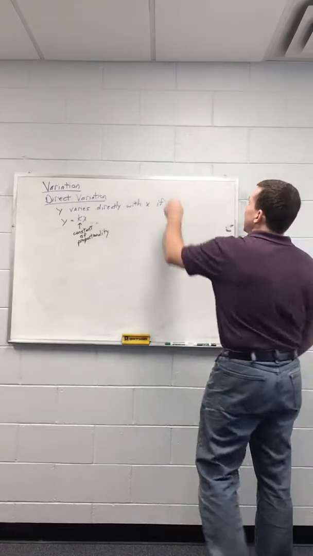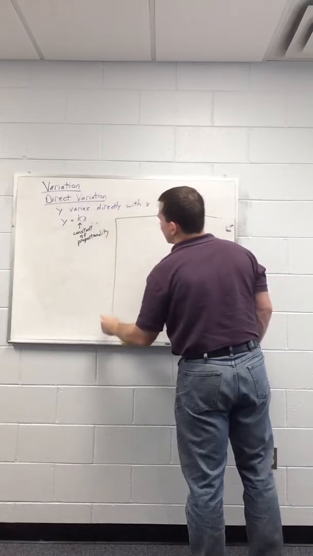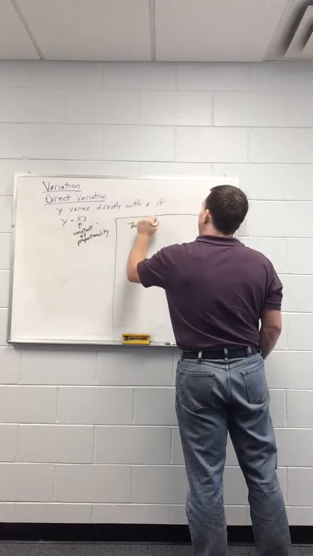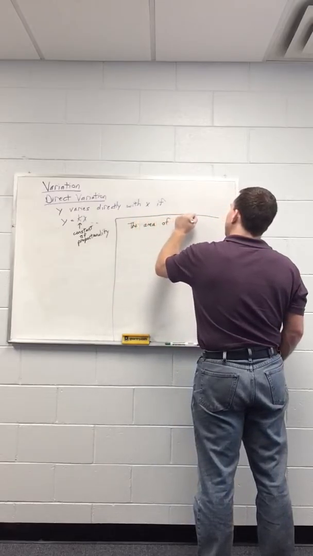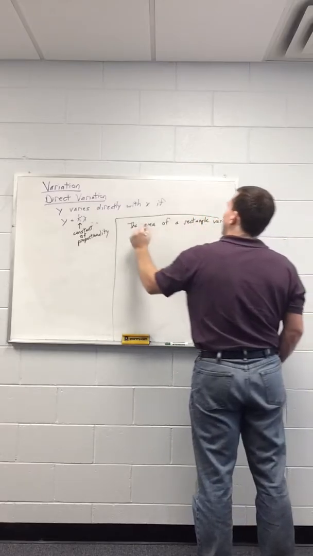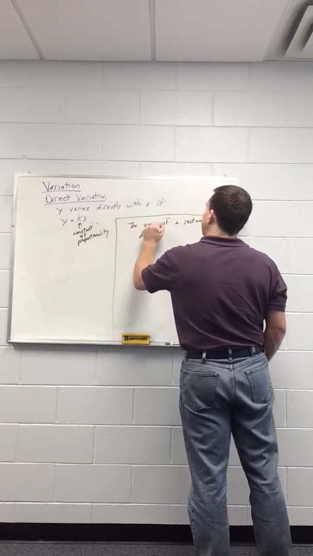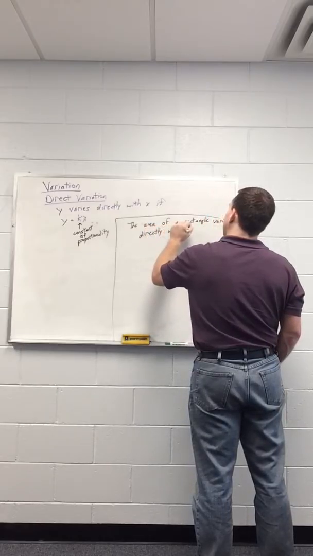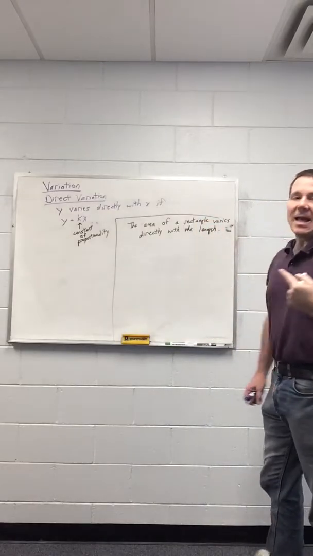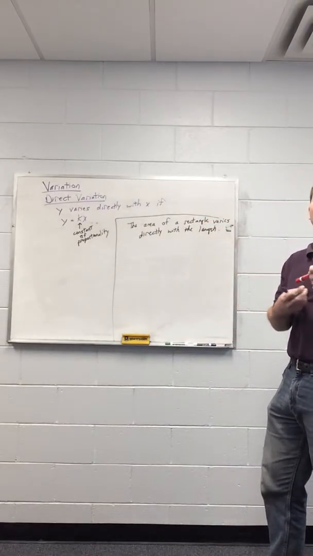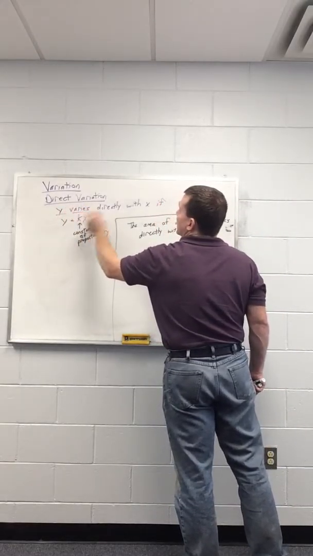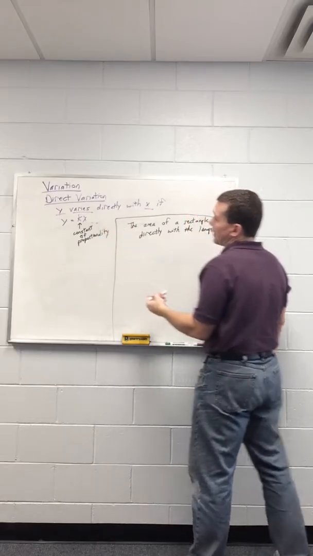Essentially the idea is, let's say the area of a rectangle varies directly with the length. As soon as you see Y varies with X in these variation problems, you immediately get an equation.